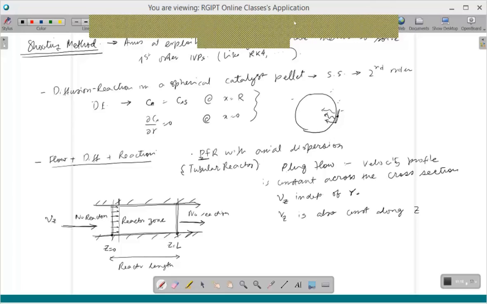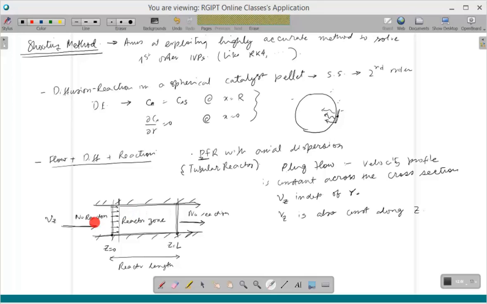In reality it is not exactly correct. There's a very small boundary layer that must occur because of the no slip boundary condition. There is always a boundary layer, but for our problem, the boundary layer effects can be ignored because we are looking at the concentration dependence, which is mostly in the zone beyond the boundary layer. So we will not be worried about how concentration varies in the boundary layer.